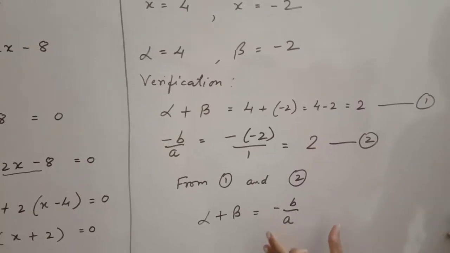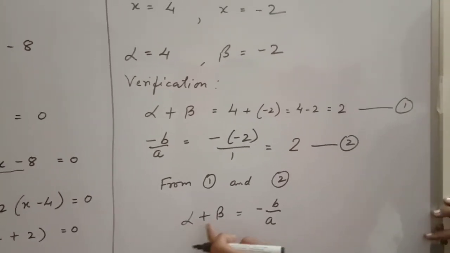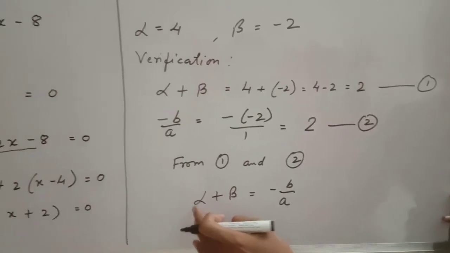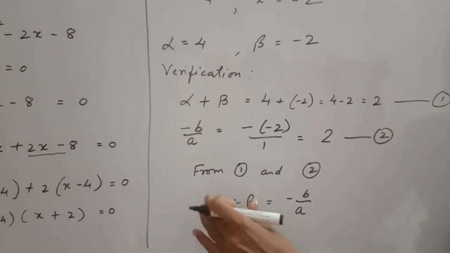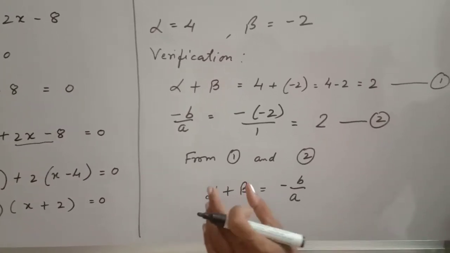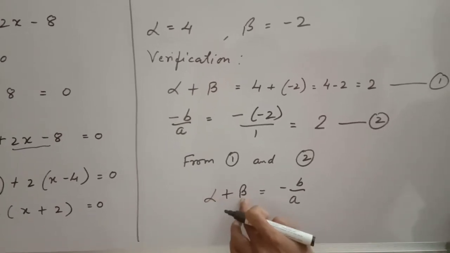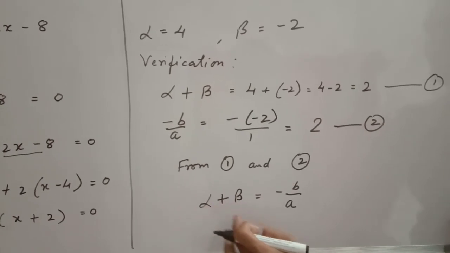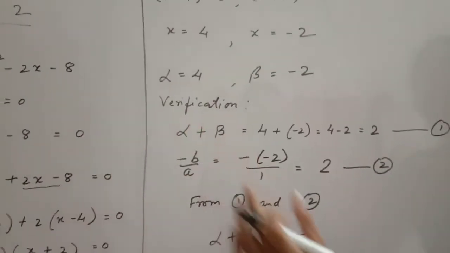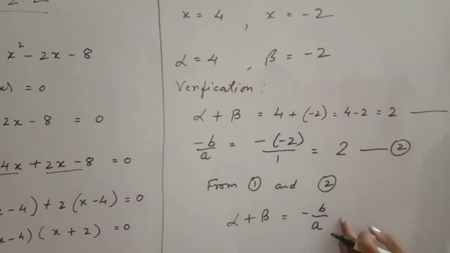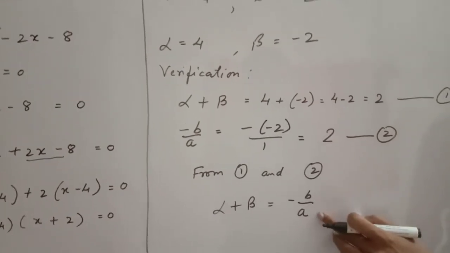If you are told to find the sum of zeros of the polynomial and you are not told to find the values of alpha and beta, then there is no need to do this method. You can directly say -b/a.